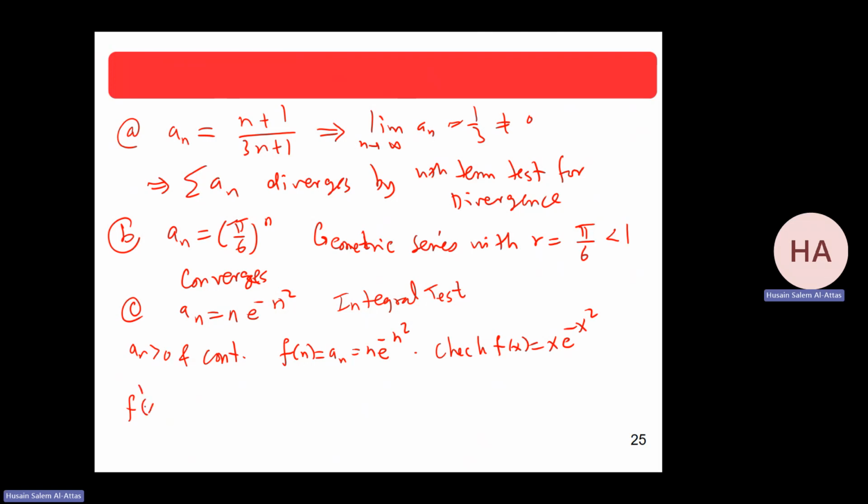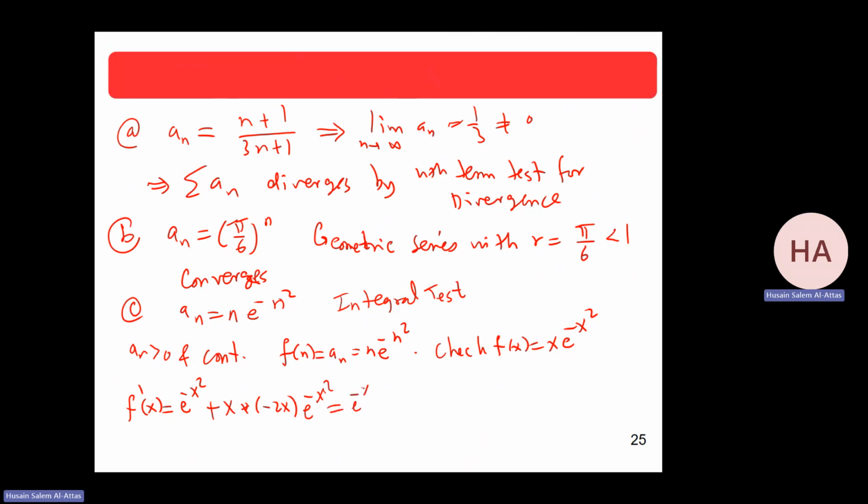where f prime will be what? Will be e to the minus x squared times the derivative of x, which is 1, plus x times minus 2x e to the minus x squared.